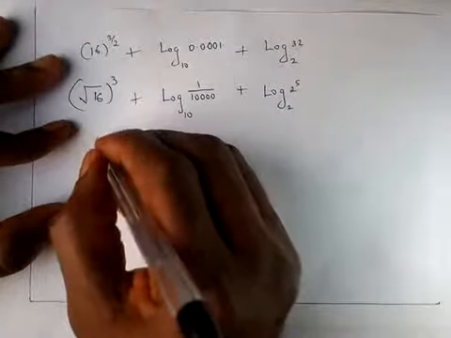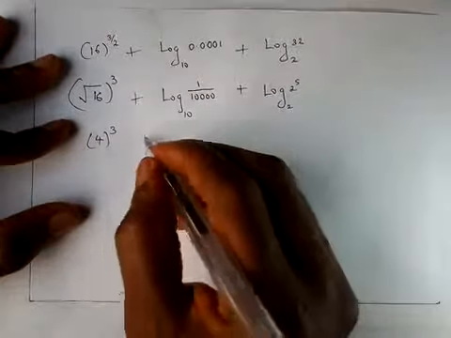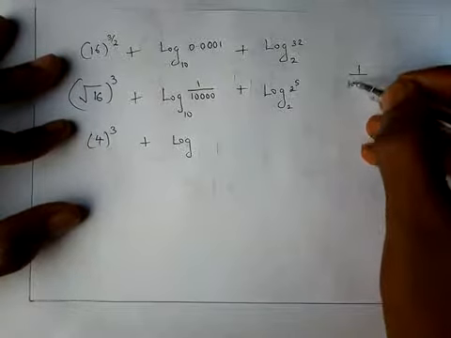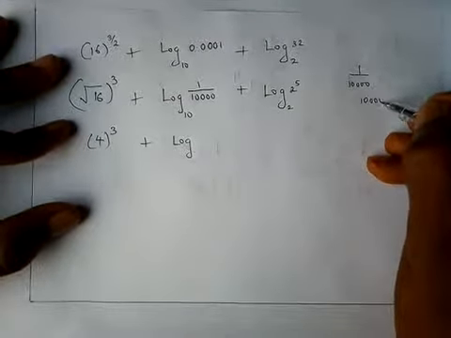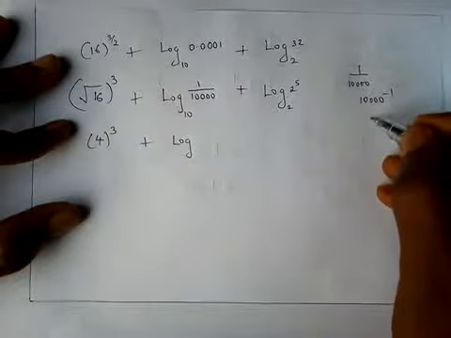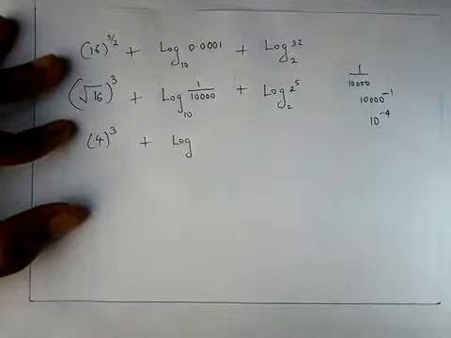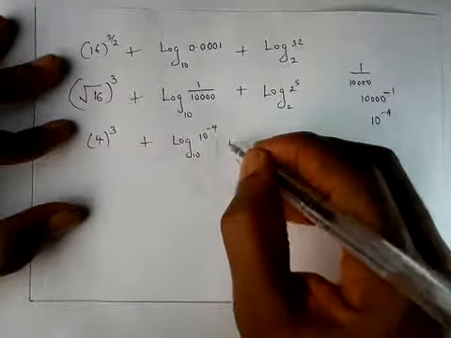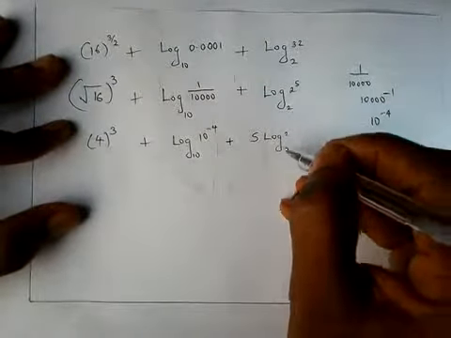So square root of 16 is 4 raised to power 3, which is 64, plus log 1 over 10,000, which is 10,000 raised to power minus 1. 10,000 is 10 raised to power 4, and the minus makes it minus 4. So this is log 10 raised to power minus 4 to base 10, plus 5 log 2 to base 2.